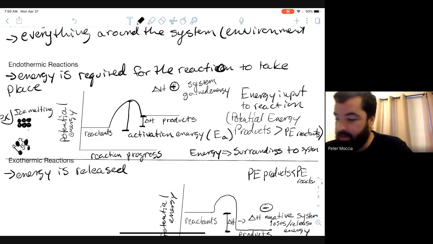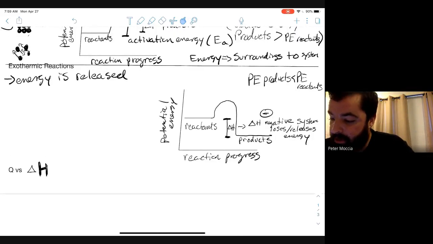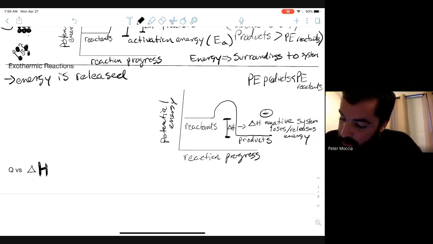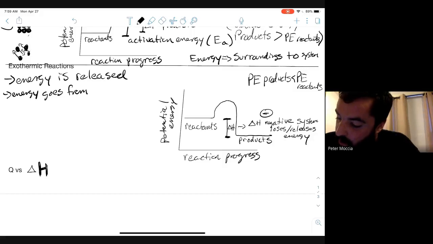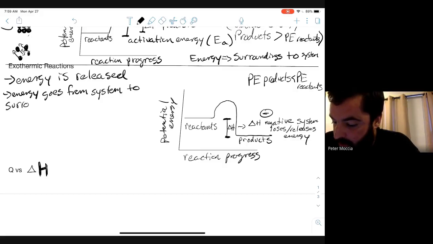Okay, and then for an exothermic reaction, energy goes from the system to the surroundings. Okay.